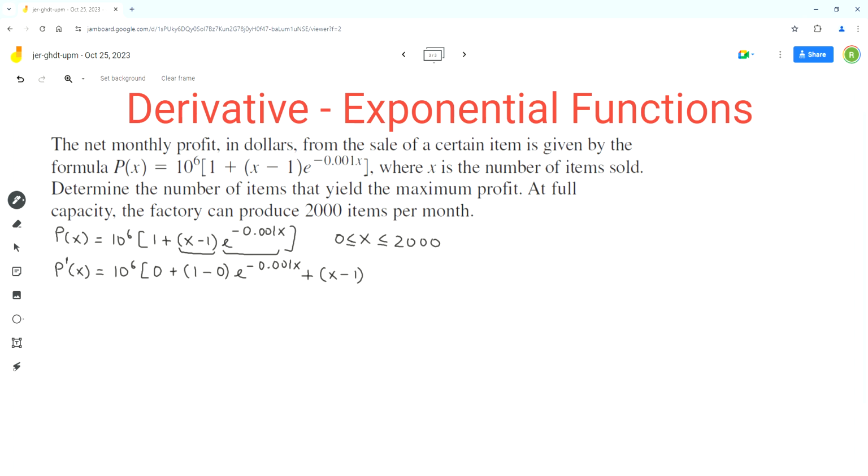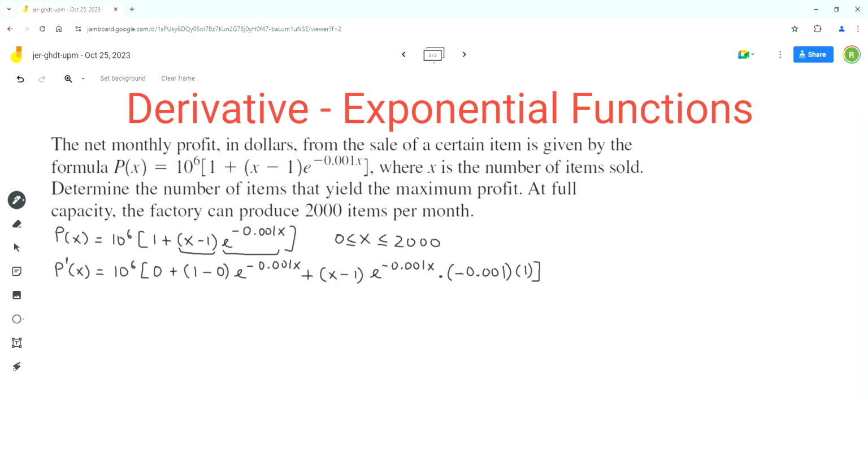Now this exponential term has the base e, so its derivative is equal to this given e term times the derivative of its exponent. And in the exponent, negative 0.001 is the coefficient of the term, so it will stay as it is, and the derivative of x is 1. So this is the derivative of this profit function.